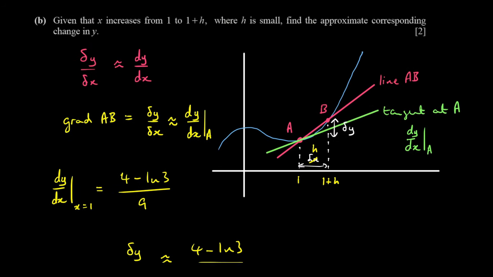But the core thing is basically to see that the gradient of the line AB, so the gradient of the red line, is basically going to be the same as the gradient of the green line, which is dy/dx, the tangent, so long as the distance between these 2 points is very, very small. That's the key thing. If you can get that, then I think you should be able to understand these questions quite well.